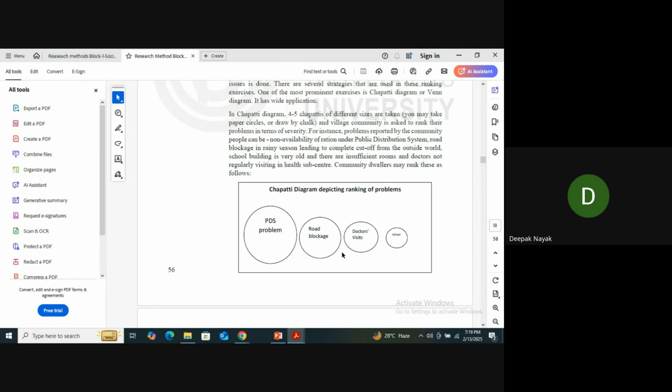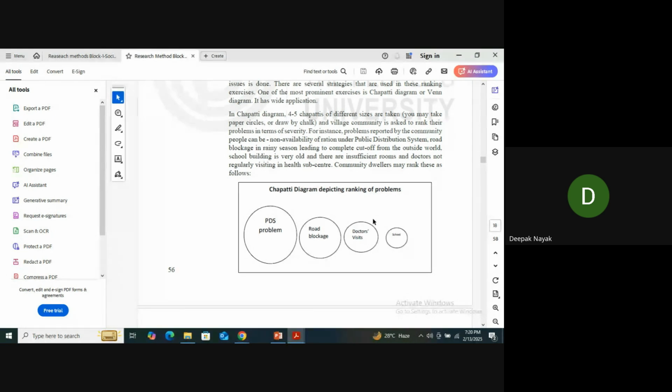Then the next priority is given to doctor visits or health professional visits or help to that community. Then the education problem. So this is how the people themselves have ranked their problems.